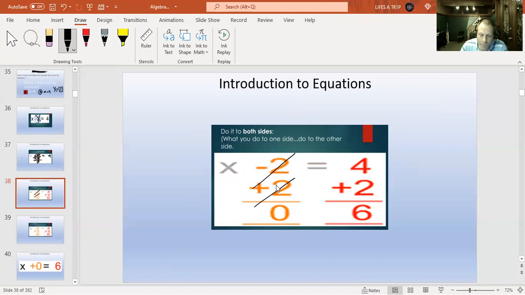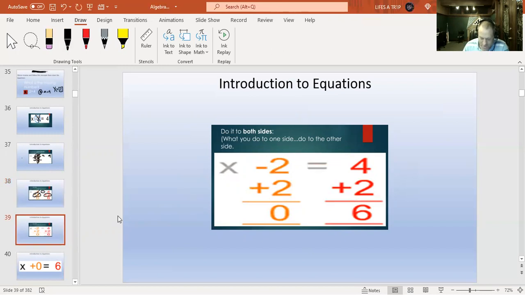We brought it to 0. But what you do on one side, plus 2, you have to do to the other side of the equal sign. And so 4 plus 2 is 6.